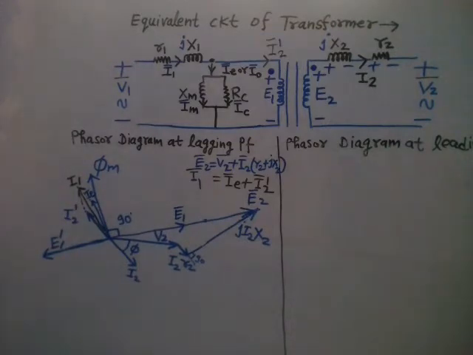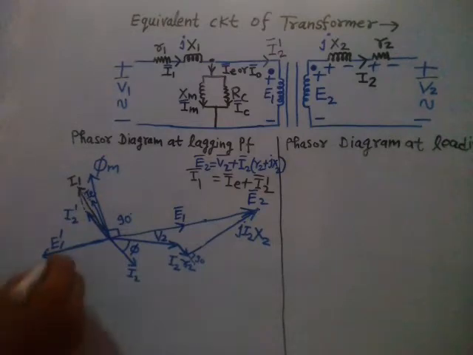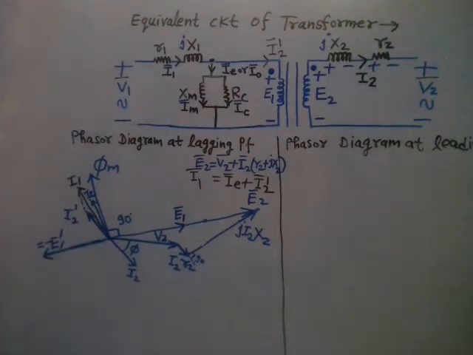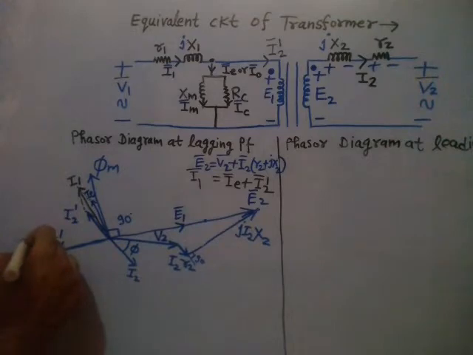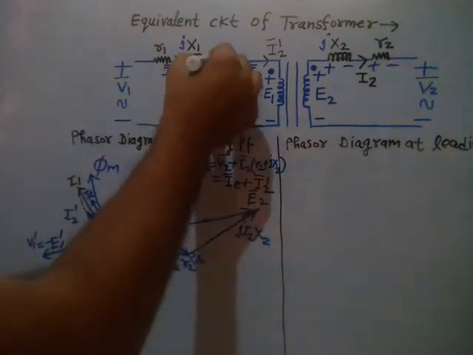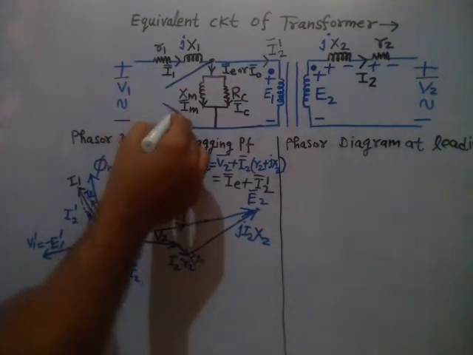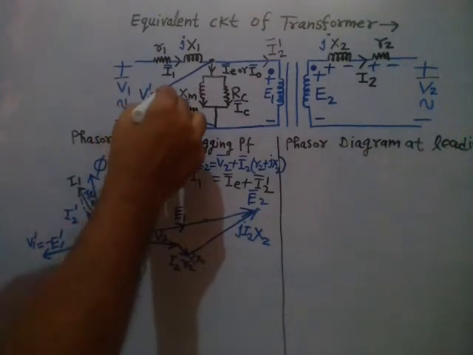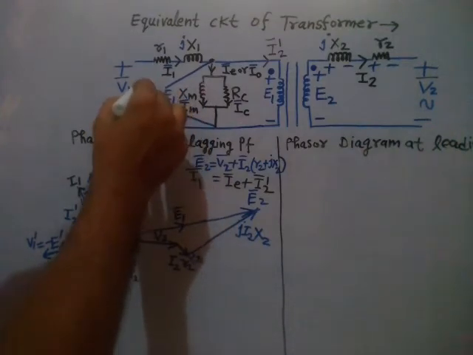Since I'm back propagating it, you take a negative sign representing the Lenz law, so minus E1. So this is basically V1 dash. V1 dash is equal to minus E1, right?